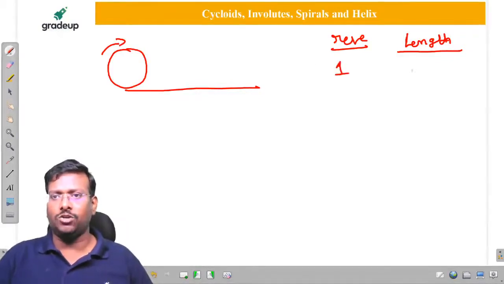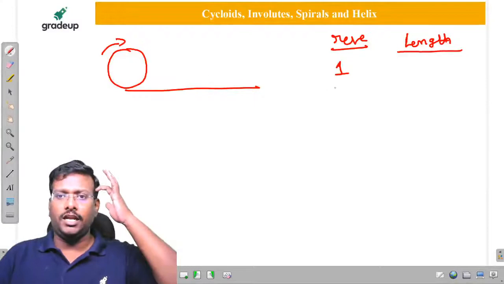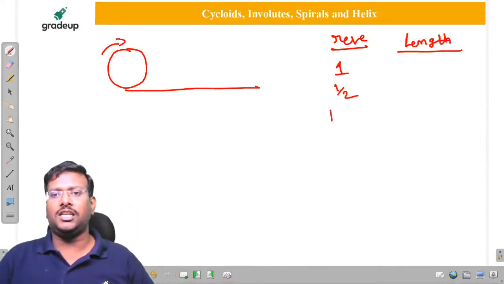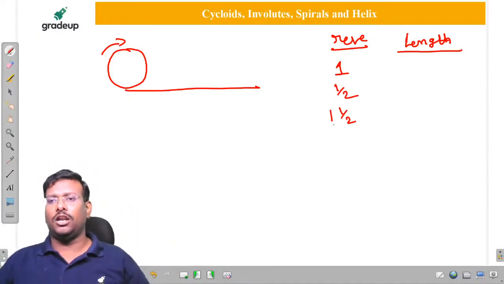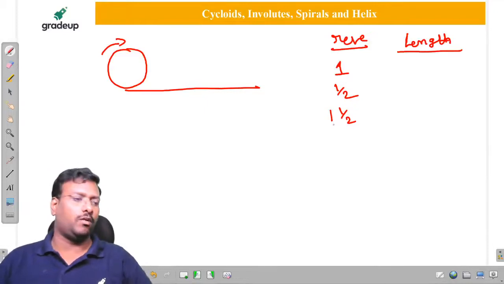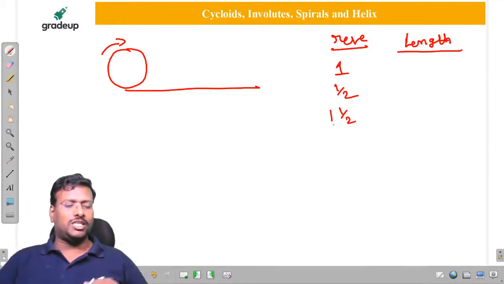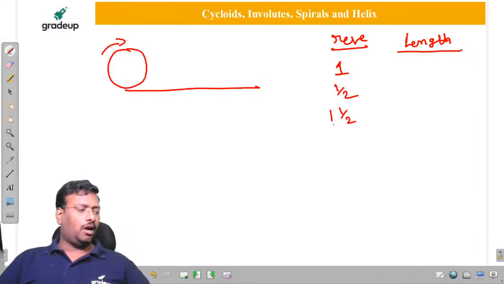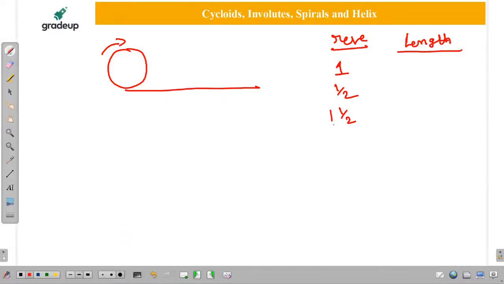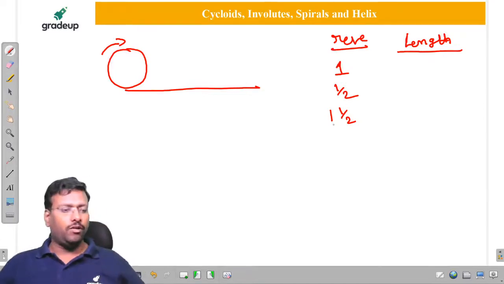If one revolution, how much length is required? If half revolution, how much length is required? If 1.5 revolution, how much directing line length is required? Just tell me, because I have to draw the line for how much length. That is important. How do we have to know it, sir? Can anyone give it?